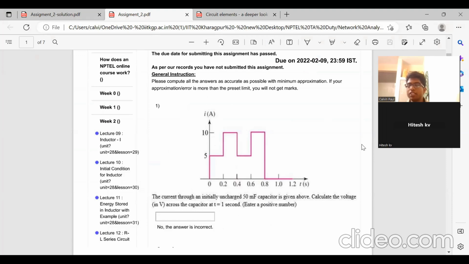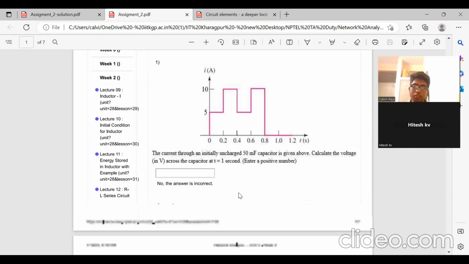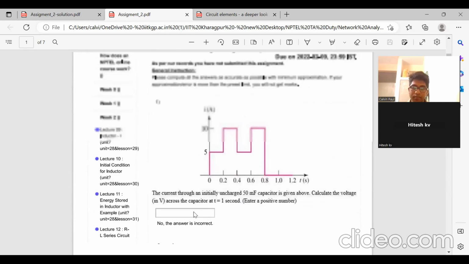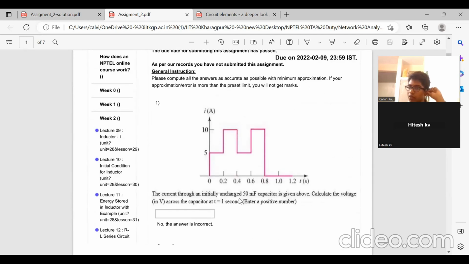That means at time t equal to 0, the voltage across the capacitor is 0. So it is initially completely discharged. They want us to calculate the voltage in volts across the capacitor at t equal to 1 second.